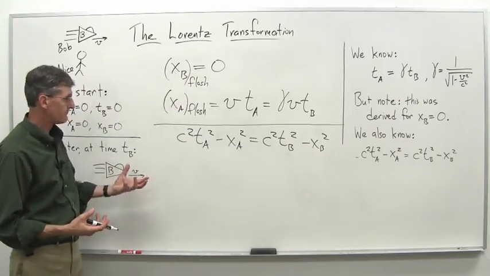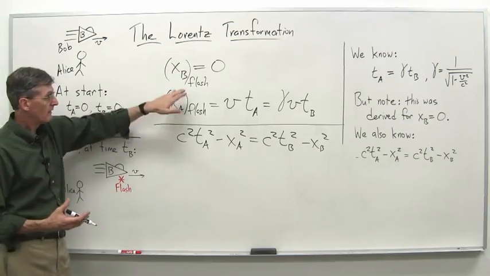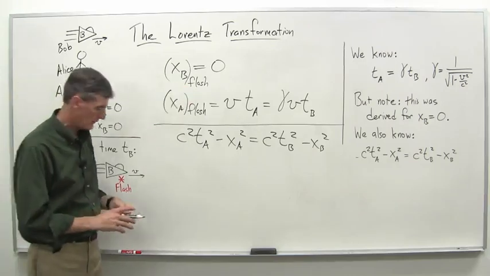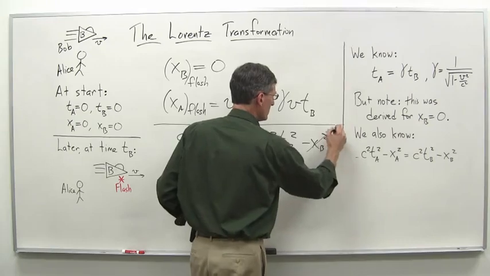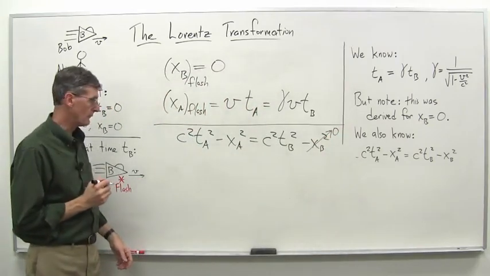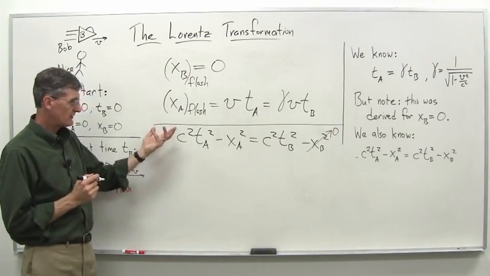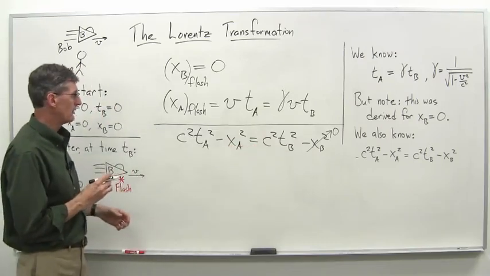So what do we know here? Applying it to the flash of light right here, the flash of light occurs at x_b equals 0. So that means this thing right here is 0. We don't have to worry about that. And so we're left with t_a, x_a, and t_b in here, and of course c being the speed of light.